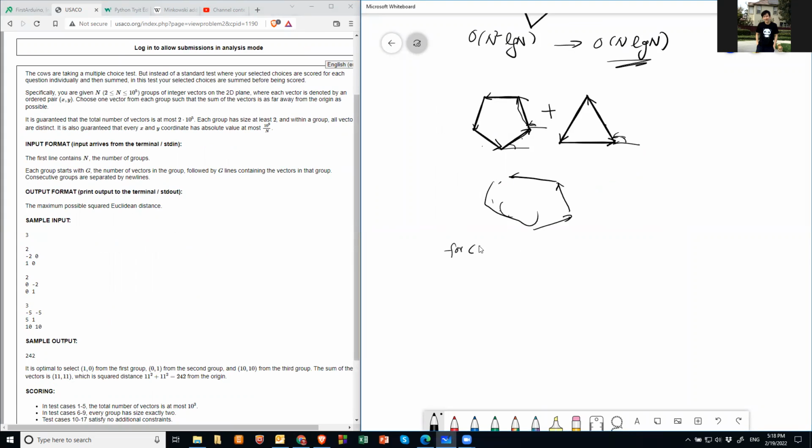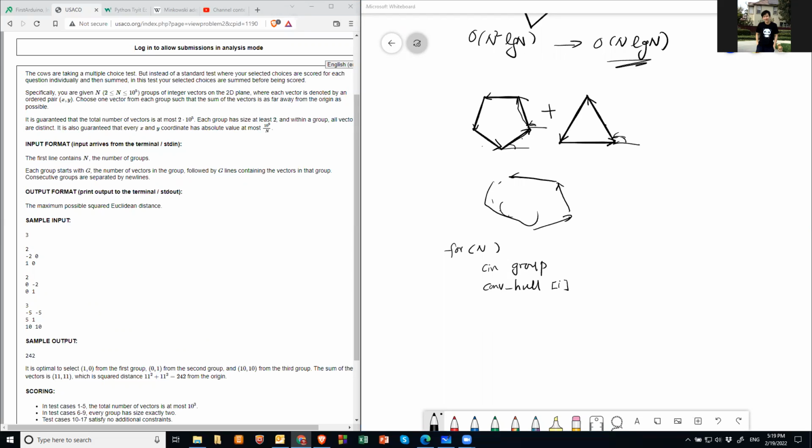So for each of the n groups, you make the convex hull, right? That's a standard algorithm, we all know, right? So let's say convex hull I, right?